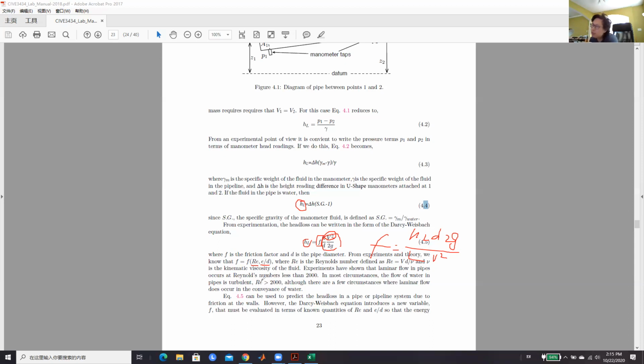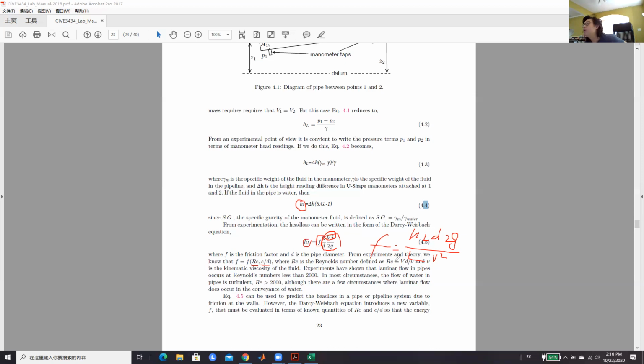As you see in here, in most circumstances, the flow of water in the pipes, if the Reynolds number is larger than 2000, is turbulence. Okay, if the Reynolds number is less than 2000, it's a laminar flow. Okay, you're able to judge if it's a laminar flow or turbulence flow just by calculating the Reynolds number.